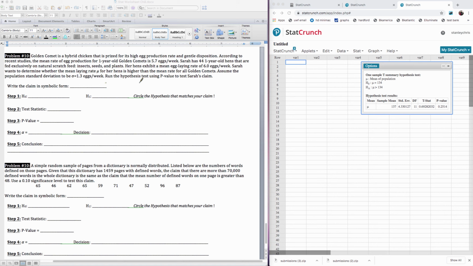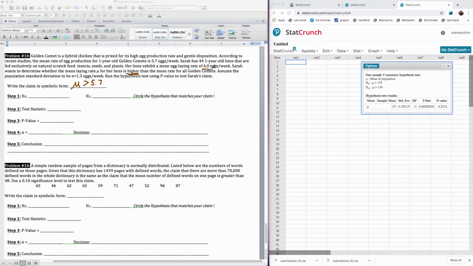So she wants to see if her hens are higher. See that keyword right there, higher. So her claim is that her true average is higher than the Golden Comet's, which is 5.7.